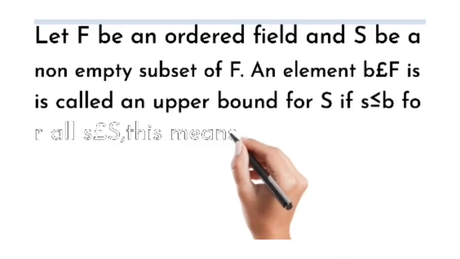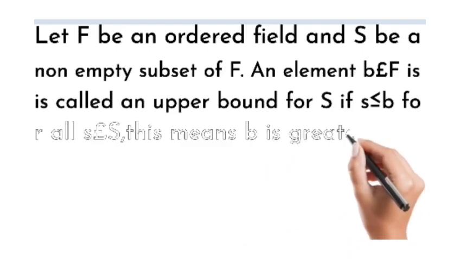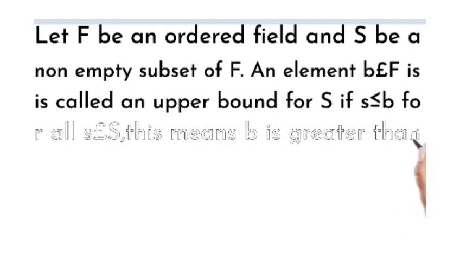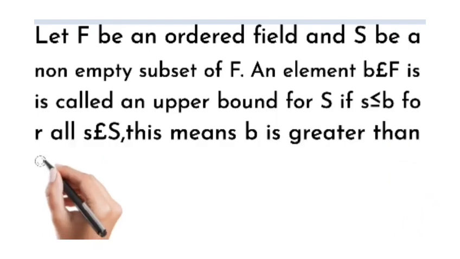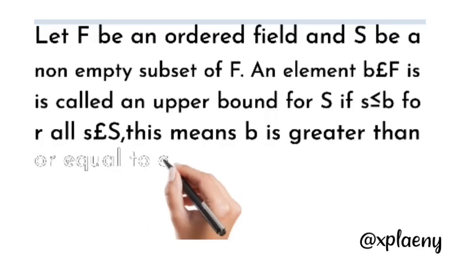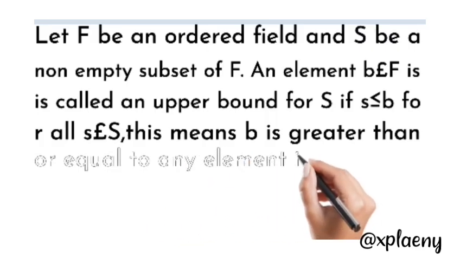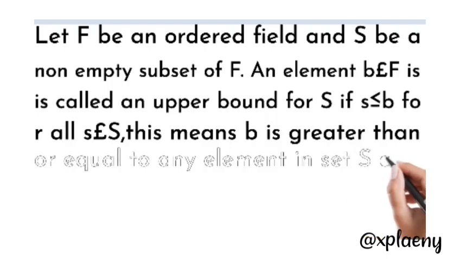For any set, which in here we are considering to be S, the small s is an element in our big S, so our big S is representing our set.